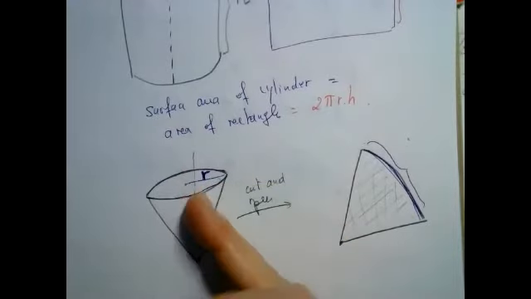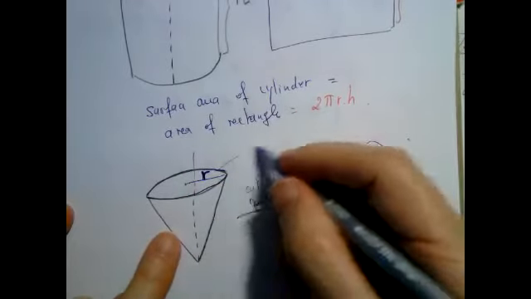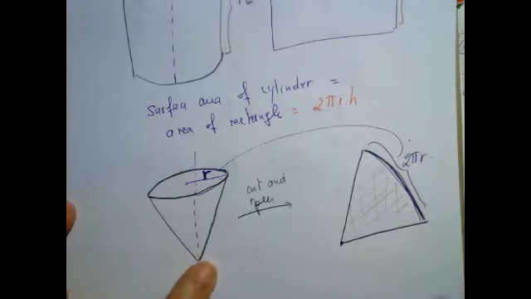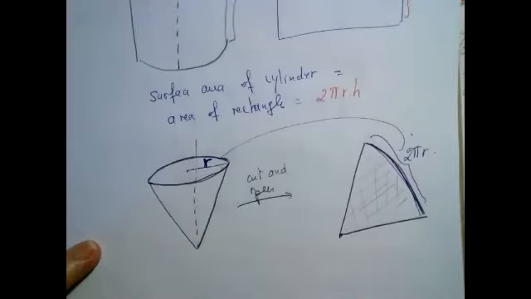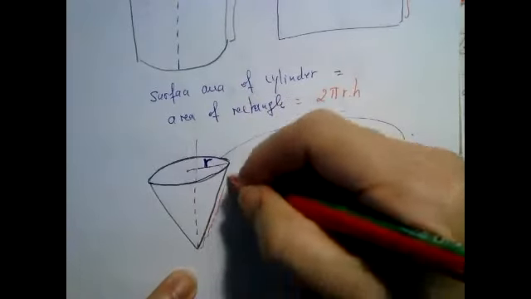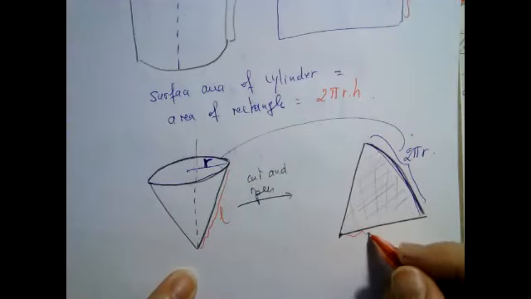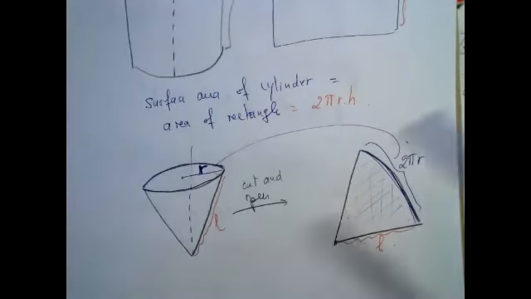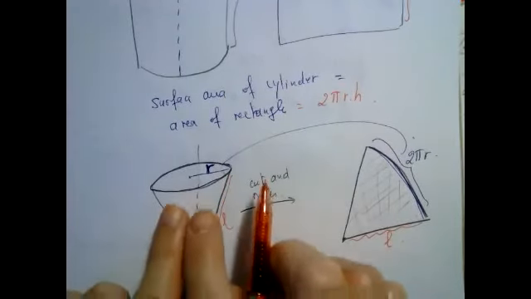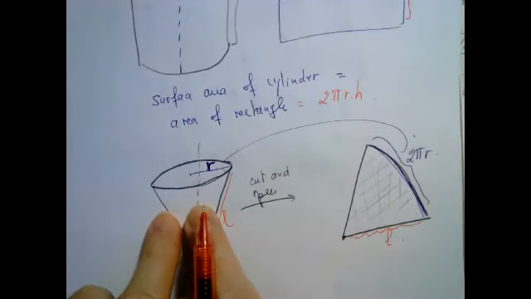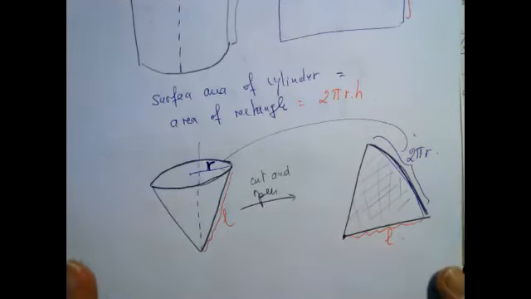So if you cut this and open it, this piece is going to be like that. So this is going to be basically the 2 pi r. And this one here, where you cut it, this will be from here to here. So what it boils down to is that opening this cone will give me this sector. So finding its surface area is actually finding the surface area of that.